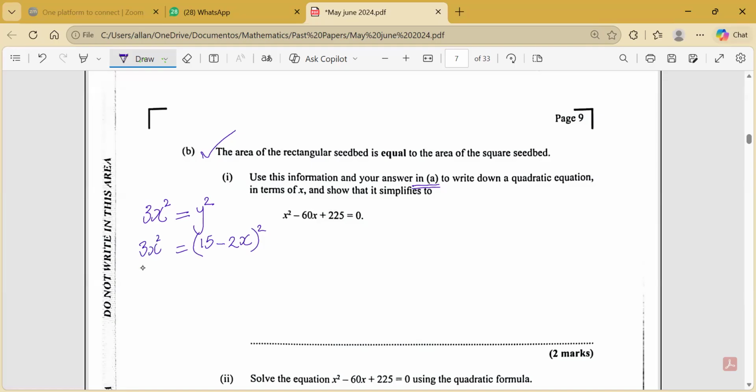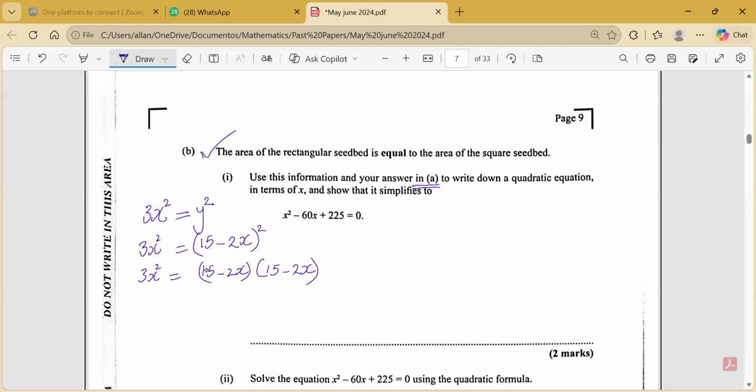Now, expand the bracket, please. So you have 15 minus 2x times 15 minus 2x. Everybody go ahead, give me an answer. I want 15 minus 2x multiplied by 15 minus 2x. How much is that? Put it in the chat for me or something.